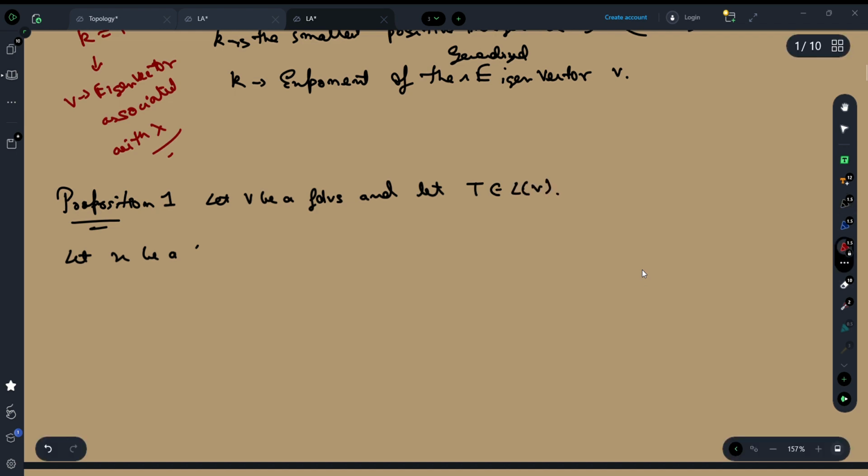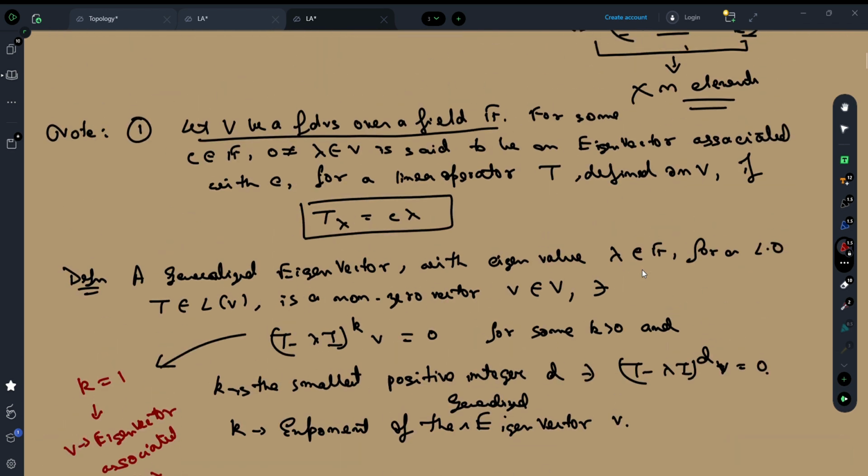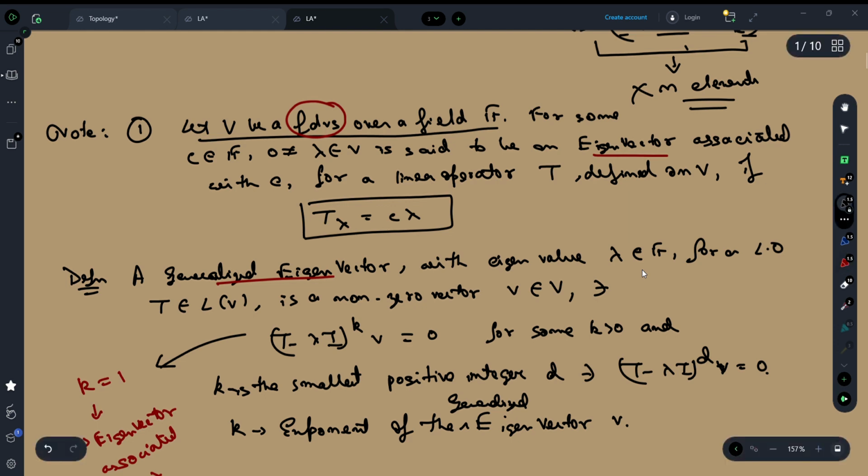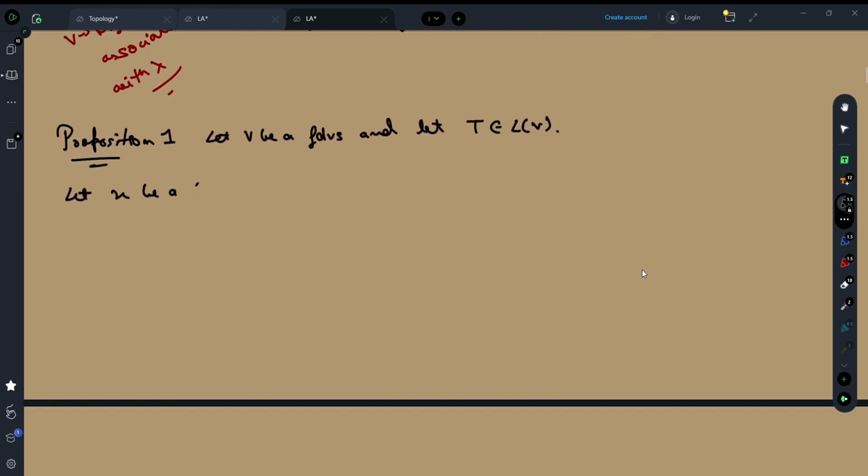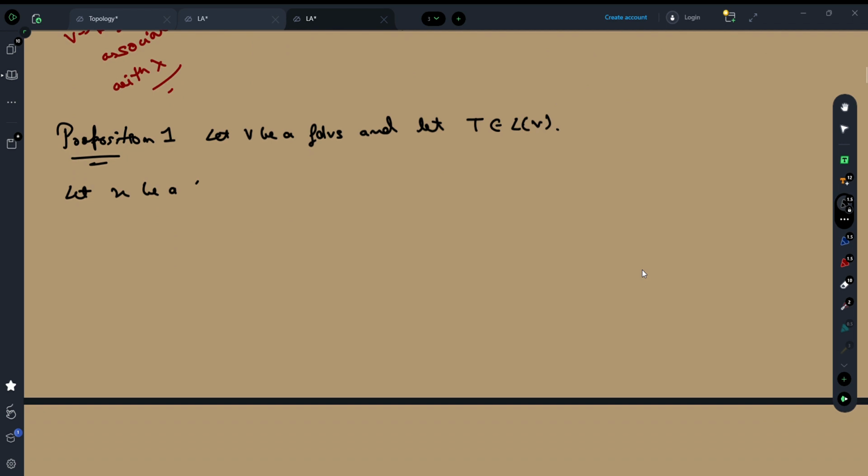One thing I should make clear here: to define the concept of an eigenvector or a generalized eigenvector, we do not need the vector space to be finite dimensional. We have been studying finite dimensional vector spaces for so long that I built a habit of writing it everywhere. The existence of eigenvectors does not really depend on the vector space being finite dimensional, and obviously that carries over to generalized eigenvectors as well. Whatever. So let V be a finite dimensional vector space and T a linear operator defined on it.